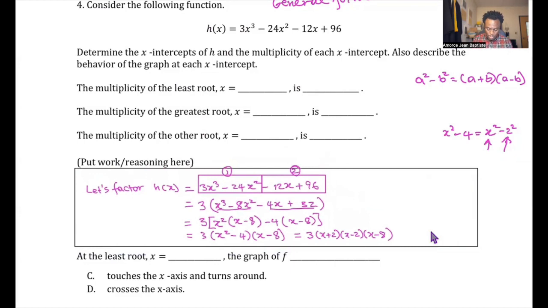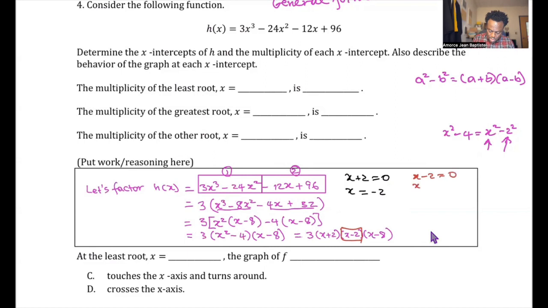That's the factored form. I can find the zeros just like we did earlier. I can set this part equal to 0, x plus 2 equals 0. That's x equals negative 2 by subtracting 2 on both sides. I can take the other one. This one equals 0, so that's x minus 2 equals 0.